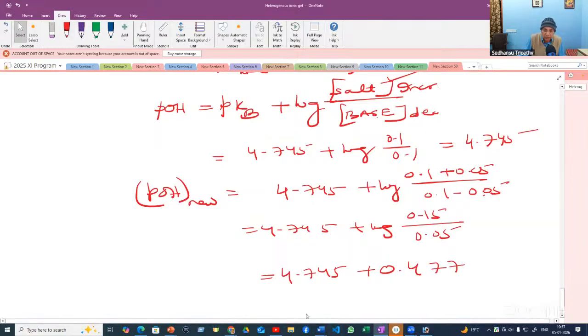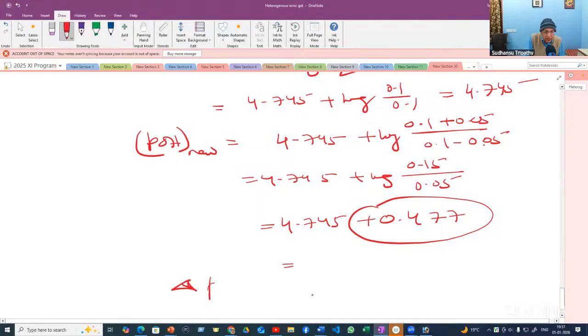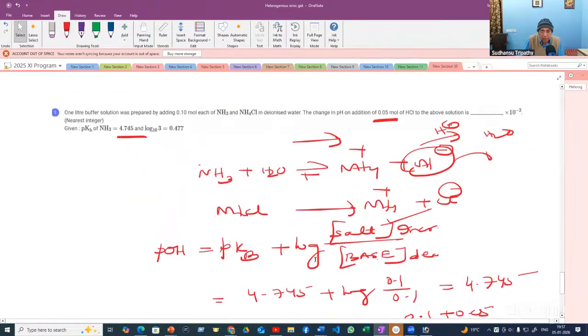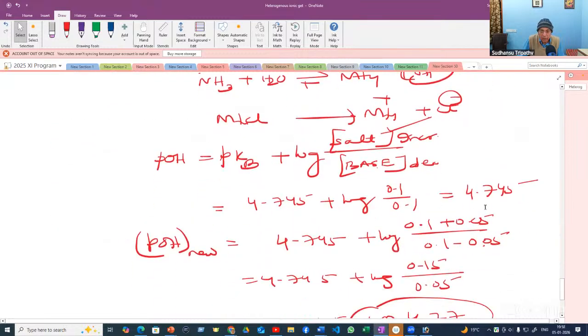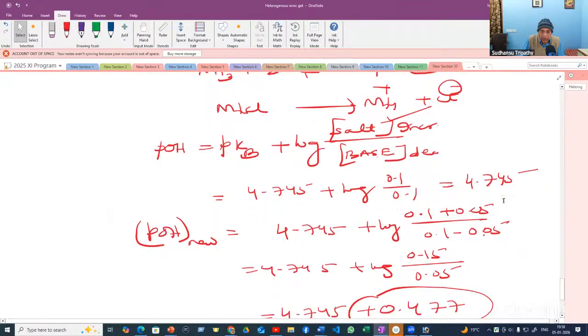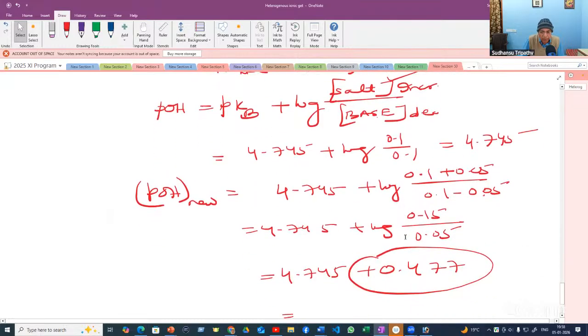So the difference is this. Delta pH will be the same as delta pOH. The difference in the pH scale and pOH scale will be the same. So it was 4.745 and now it is 4.745 plus 0.477.